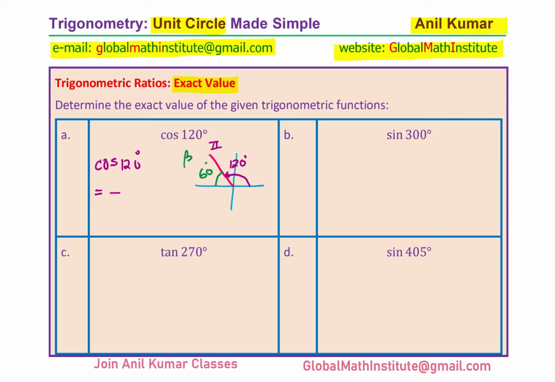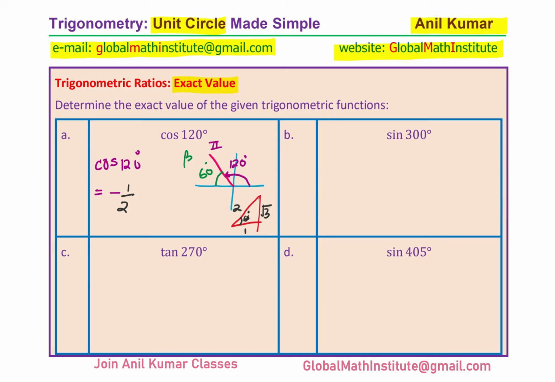So you have to now see what is the value of cos 60. For that we can make a special right triangle, which is 30, 60, 90. So let's consider that triangle now. In a special right triangle 30, 60, 90, where this angle is 60 degrees, the sides are 1, square root 3 and 2. And the cosine value is adjacent over hypotenuse, which is half. And therefore, we can write this as half.